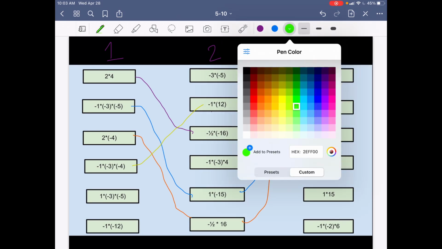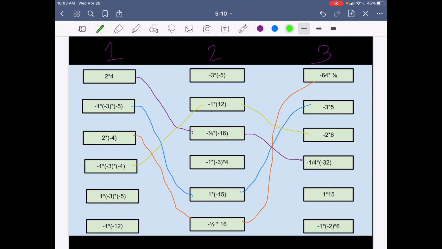just a couple more. So now I have 1 times negative 3, which is going to keep us with the negative 3, times negative 5, which would give us positive 15. And I think this one here at the top would match that perfectly because it just doesn't have the 1 at the beginning.